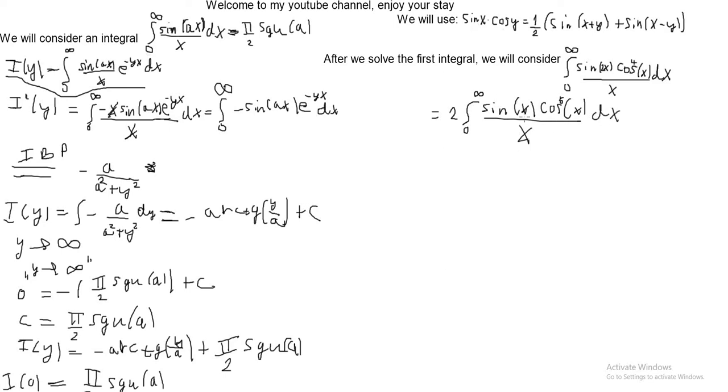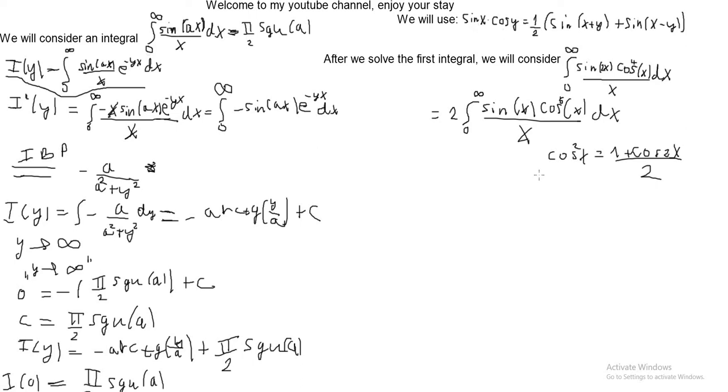And how do you solve this one? Well, you can use the formula for the cosine squared. Cosine squared of x is just 1 plus cosine of 2x, divided by 2.